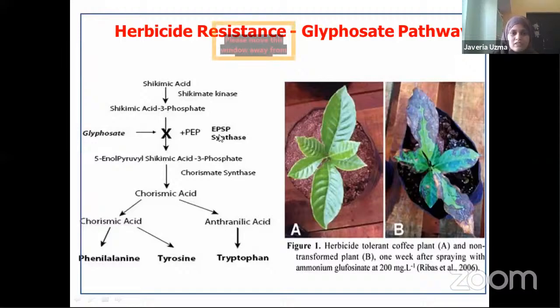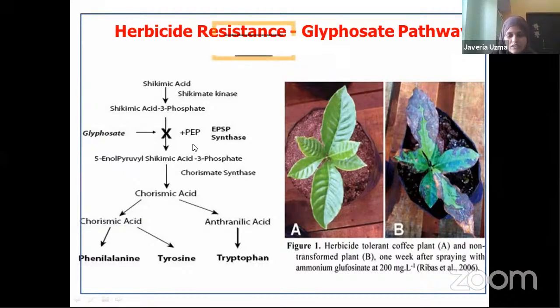When this enzyme is blocked, this substrate will not be converted into this product. When it is not converted, the three amino acids will not be synthesized, the pathway is stopped, and the plant will not show normal growth, and the cells gradually die because of the absence of these essential amino acids. So glyphosate is blocking here.